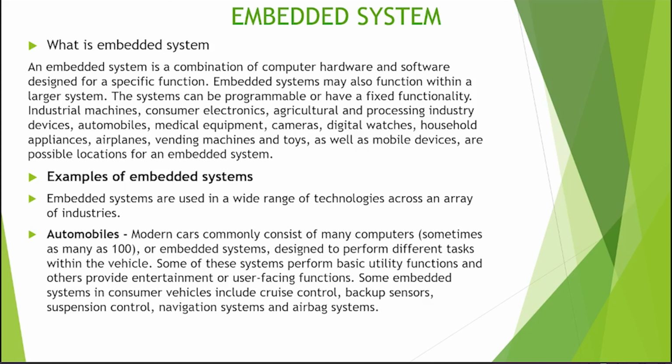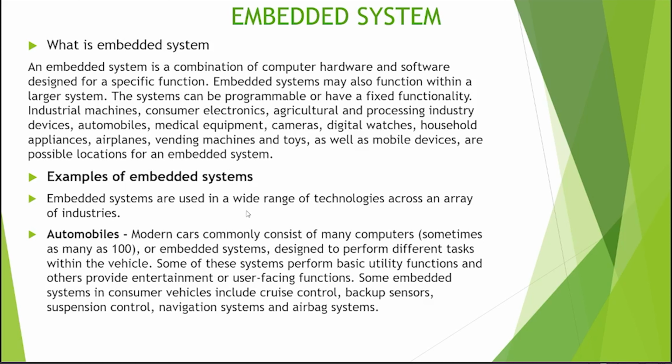Industrial machines, consumer electronics, agricultural and processing industries, devices, automobiles, medical equipment, cameras, digital watches, household appliances, airplanes, vending machines and toys as well as mobile devices are possible locations for an embedded system. So these are all examples of embedded systems.